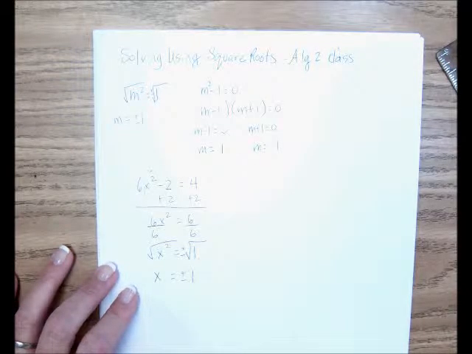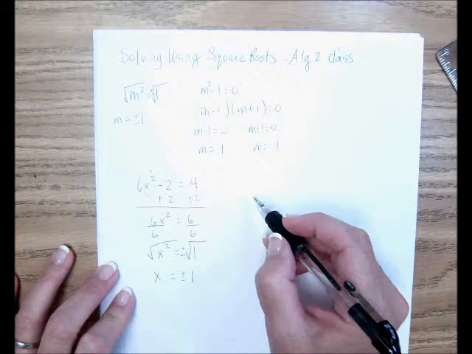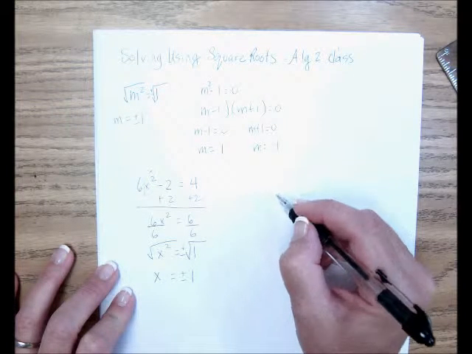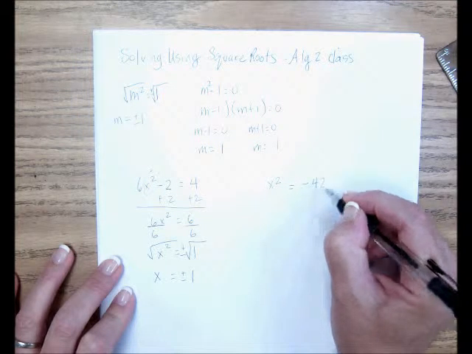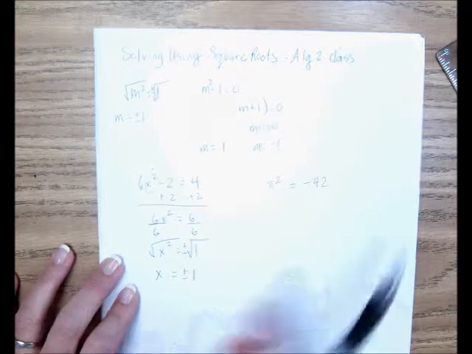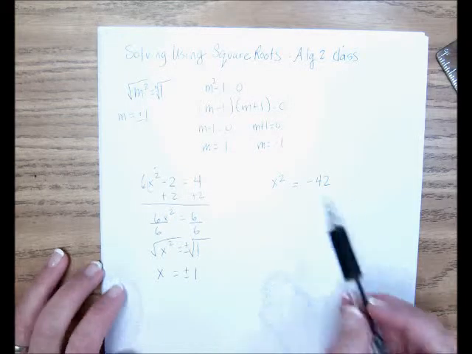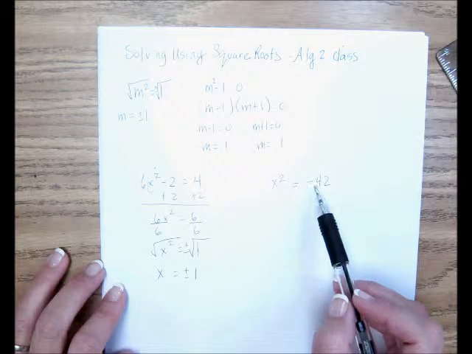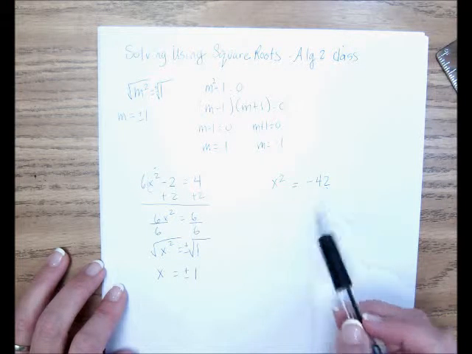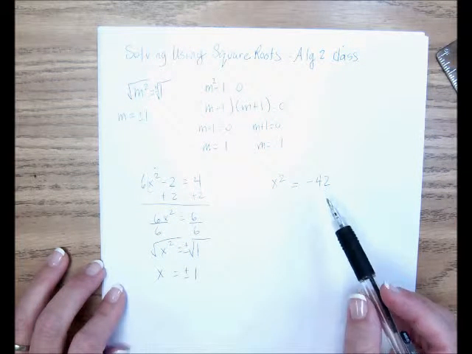Now it does get a little bit more complicated. So let's look at a problem such as the following. x squared is equal to negative 42. Well, in this case, there are two issues. The first issue is that whenever I take the square root, it's going to be a negative under the radical. The second issue is 42 is not a perfect square.